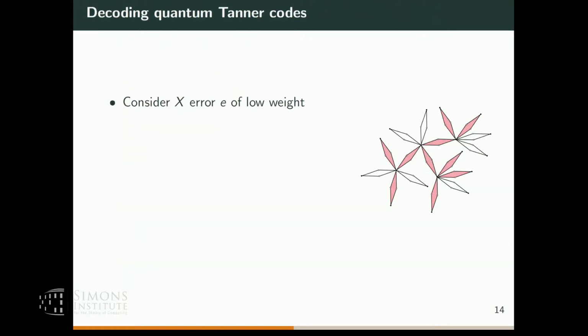Okay. So now let's discuss how we might decode such a code. Again, here I've drawn a portion of this complex. It's a CSS code, so let's just consider decoding X errors. Let's say the highlighted faces are where the errors have occurred.